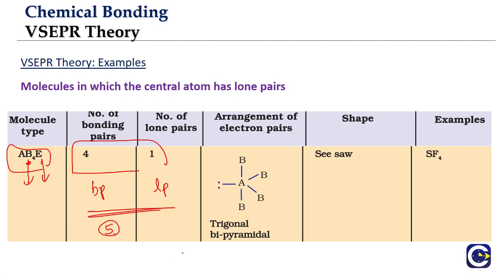Trigonal bipyramidal, right? And in the trigonal bipyramidal case, the lone pair will have a preference to occupy the planar position. First we will give the planar position to the lone pair.